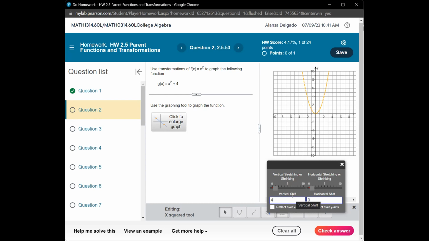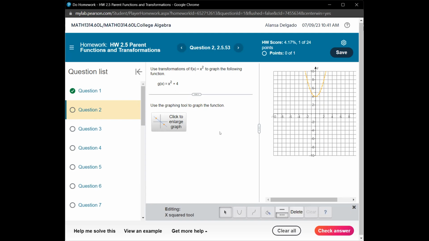There you go. No, we're not going to reflect it. And there's your answer. Is that what it looks like?